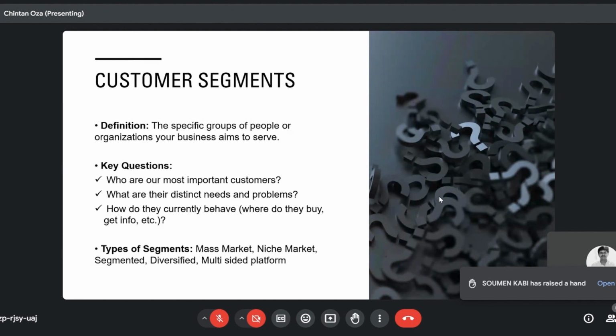Many a times they start with, I want to build a startup for food products. Then we help them bring clarity. What in food products? Then they say, I want to build snacks. And then I want to manufacture snacks and sell it. Then again we ask one more question.